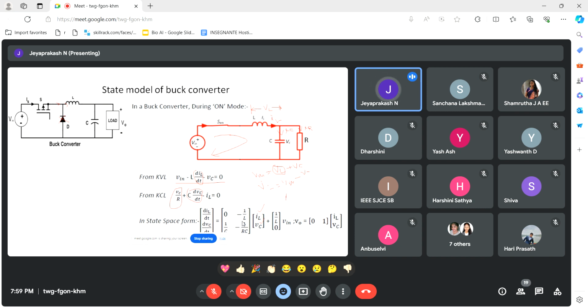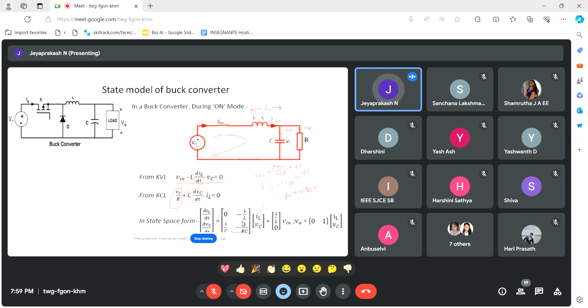So we know the general equation is AX. This AX is the state matrix. X is the state variable, IL and VC, plus the B matrix. So B is multiplied by U. U is the input.